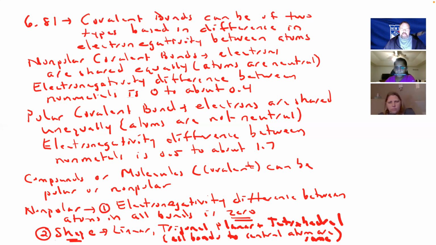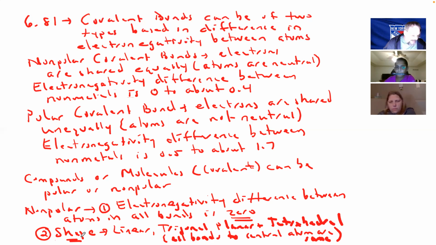If you have these three shapes, the compound or the molecule is going to be nonpolar. But on the other hand, if it's bent or trigonal pyramidal, which I think are the other two shapes that are discussed, then the compound is going to be polar. So really, for the most part, it comes down to scenario 2. It comes down to shape.